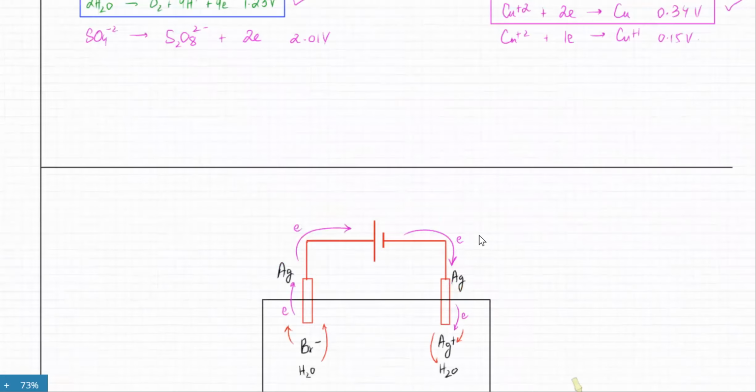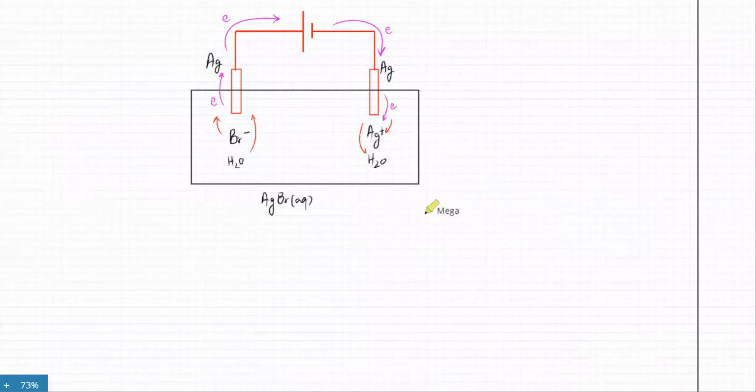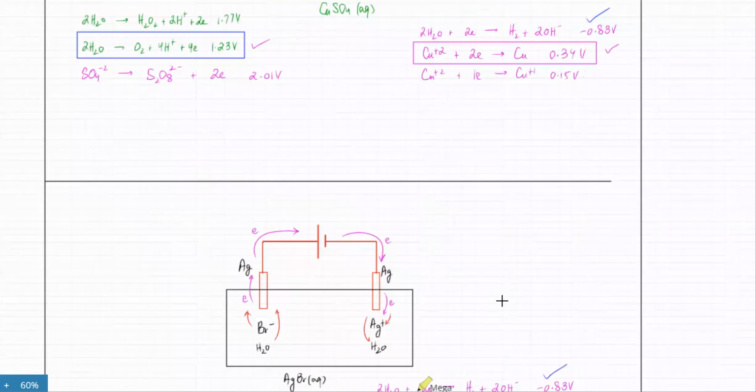For water, the equations are the same, so I'll just copy that equation. It's the same reaction. And since water is on both sides, I'm going to copy both water reactions. So here's my water reaction, and the other one, I'm going to add the water reactions on the other side as well, where they lose electrons.